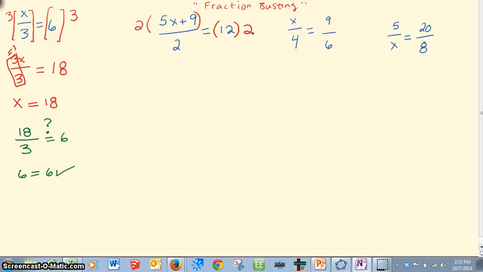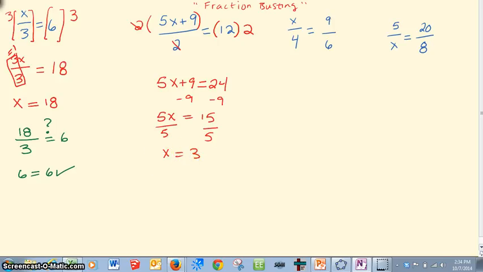So if I double what's on the left, I have to double what's on the right. 2 over 2 is equal to 1. I'm left with 5x plus 9 equal to my doubled result on the right. Subtracting 9 from both sides, 5x equals 15. Division property of equality, x equals 3.